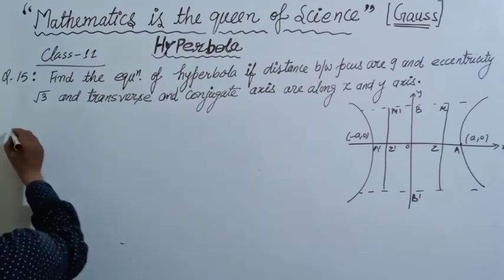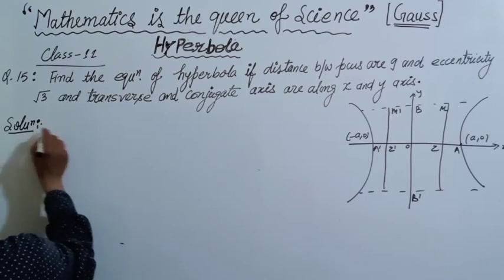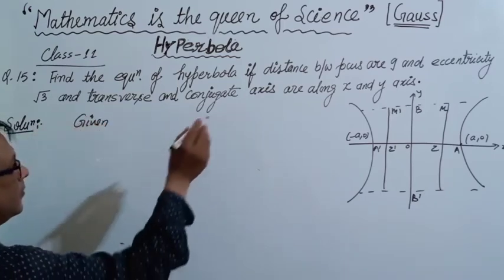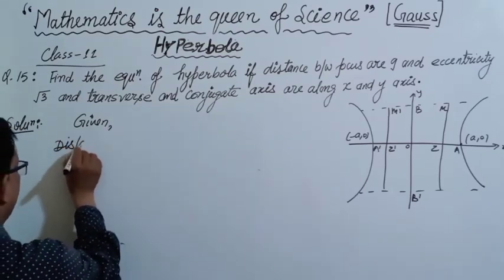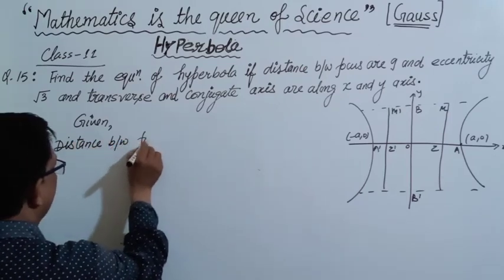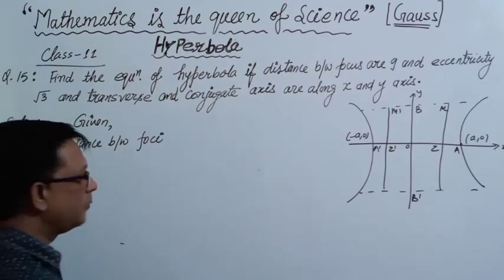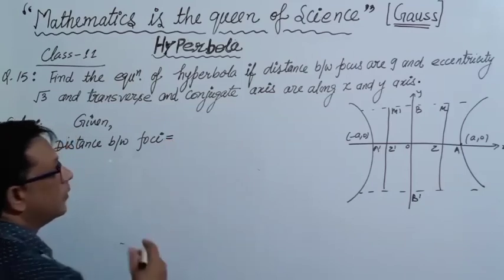Now first we write what is given. Given: distance between foci. What is the distance between foci? Remember this.